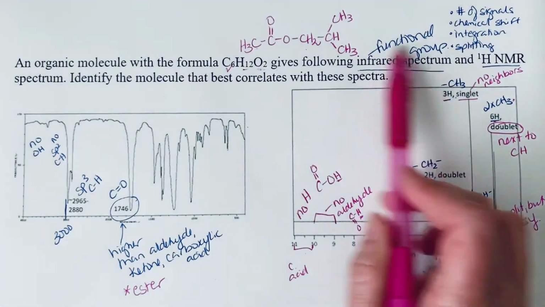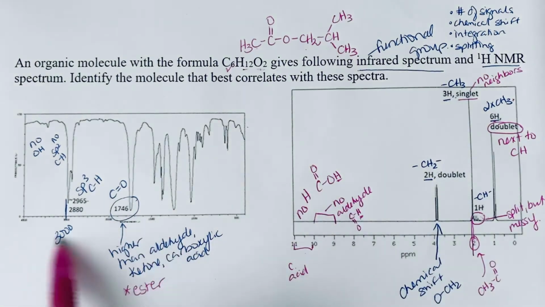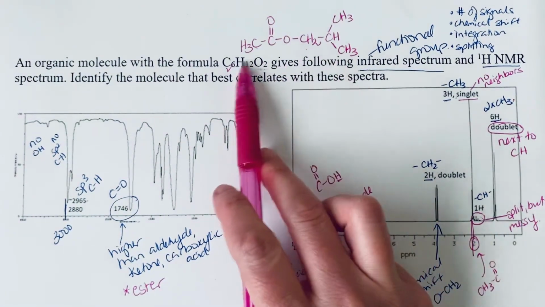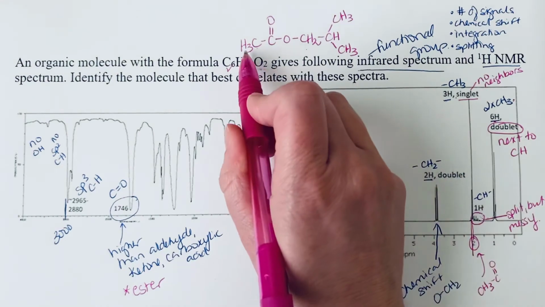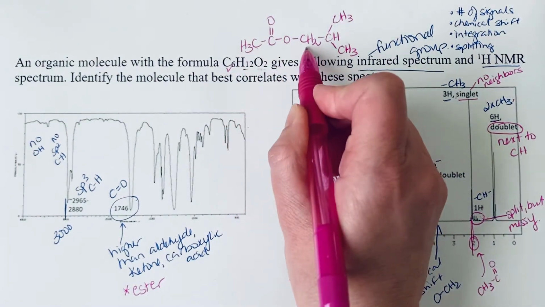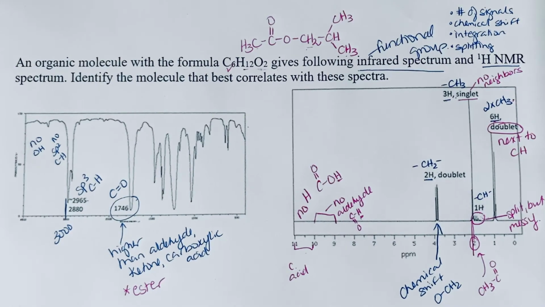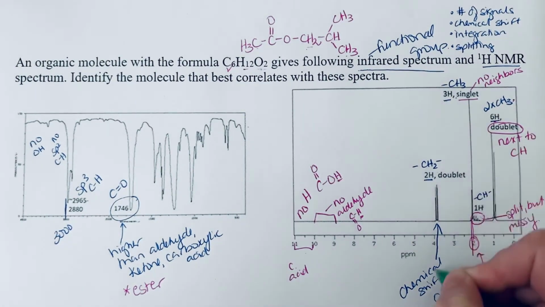And our functional group for our proposed structure matches our infrared. And let's check just even some of these simple things. So the number of signals. So if you look at this molecule, you would expect to see 1, 2, 3, 4 signals. So that's consistent.